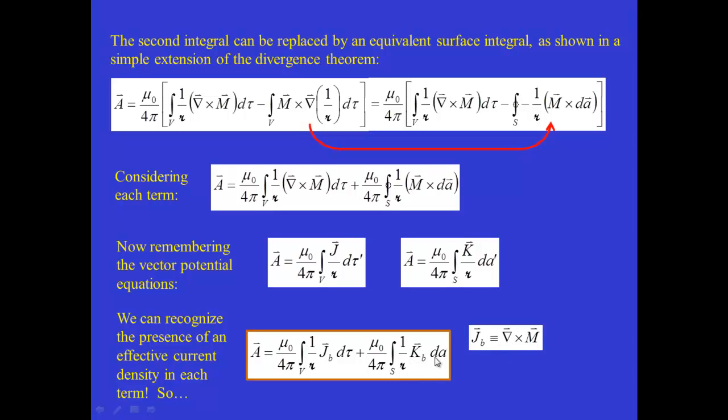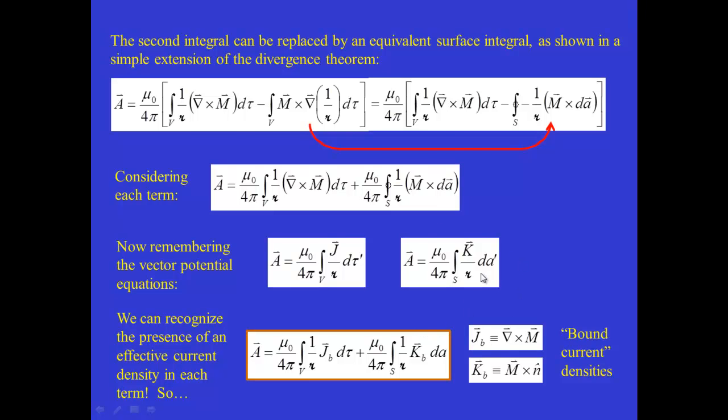In the second term, the K_b dA plays the role of M cross dA, and you can see with just a little bit of work that K_b can be defined as M cross n hat, because the dA vector in the expression up here could be written as n hat times the scalar dA. So what we've realized from analyzing this expression for the magnetic vector potential of a magnetized object is that it can be understood as arising from the contribution of two special kinds of current densities. We'll call them bound currents for now. I'll explain why in a few minutes.